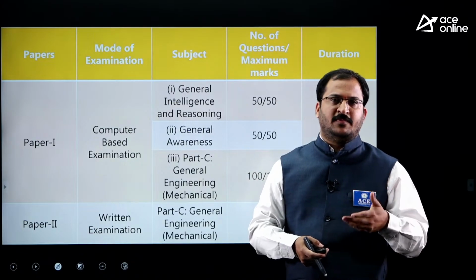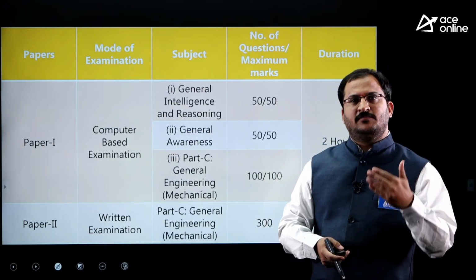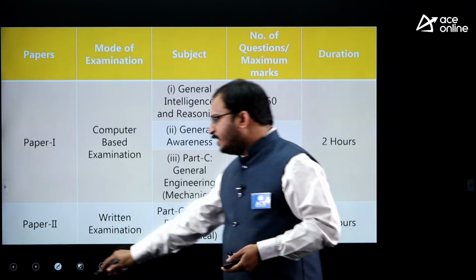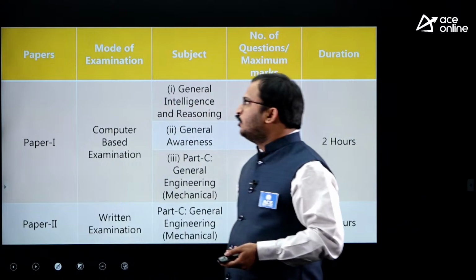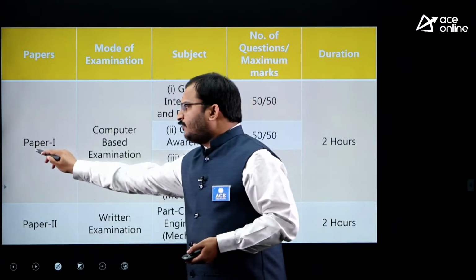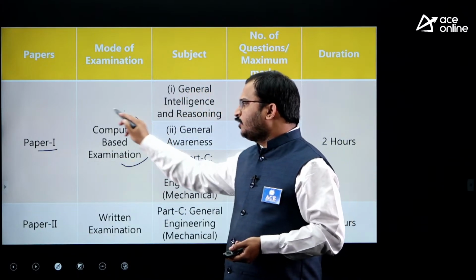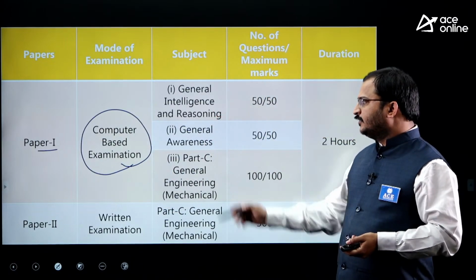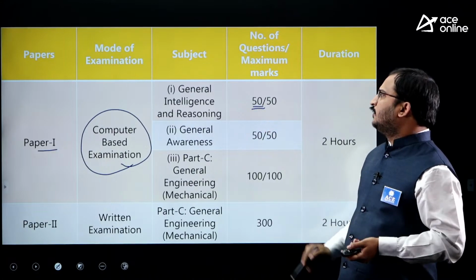Okay. So the next thing is the SSC JE examination, which as I told you will be in 2 levels. One is the prelims and the mains. Prelims, or paper 1, and mains is paper 2. In paper 1, as I told you earlier, it is a computer based examination. Here you have general intelligence and reasoning, which is 50 questions for 50 marks.